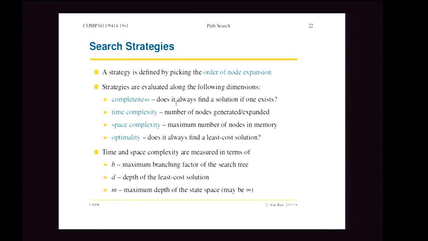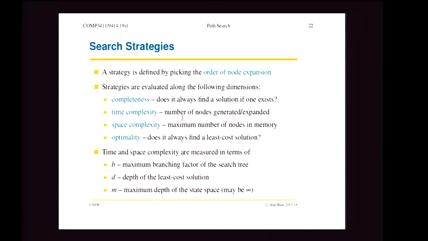Optimality is saying, does it always find the least cost solution based on our definition of cost? The time complexity we measure in terms of how many nodes are generated or how many are expanded. And the space complexity is how many nodes have to be stored in memory at the same time.